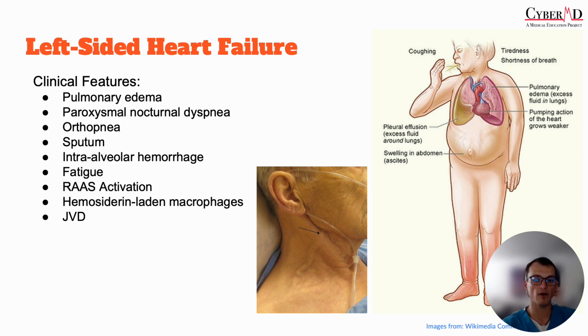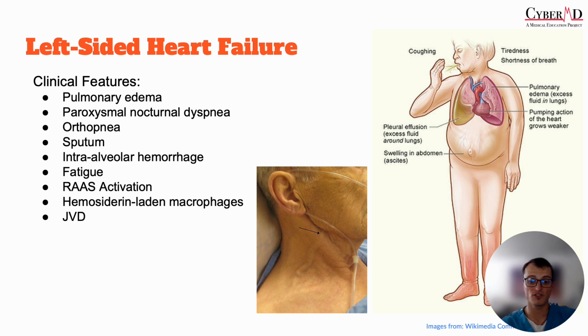We'll talk more about intraalveolar hemorrhage in just a second, but before we do that, I want to remind you that, again, this is left-sided heart failure, inability to pump blood forward to the rest of the body, which means your patients may report fatigue as one of their symptoms, as their muscles downstream from the left ventricle are no longer getting the oxygen and the nutrients that they need to properly function.